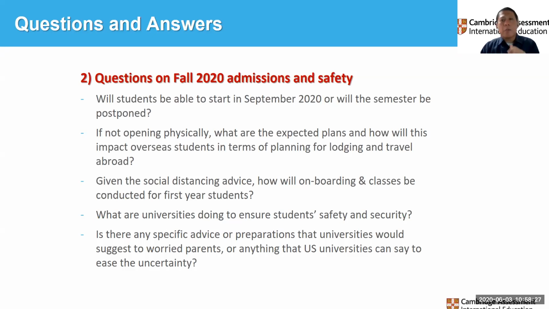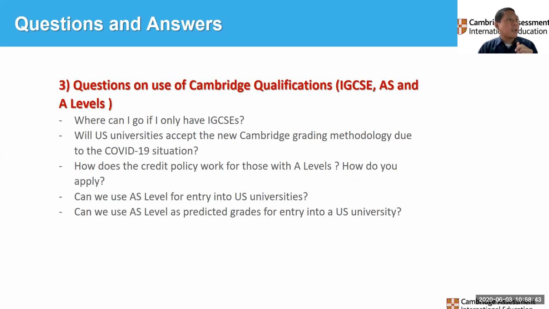Thanks. With regard to safety and security, I do think that most universities would have all the SOPs in place to ensure the safety and security of all the incoming students. I just want to move on. I think this has been explained by the presenters just now.